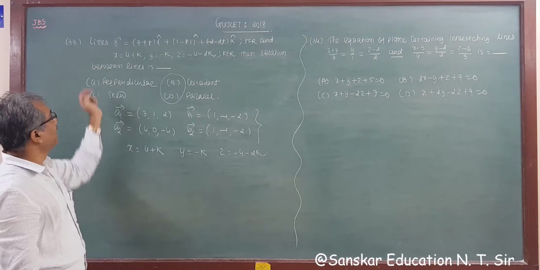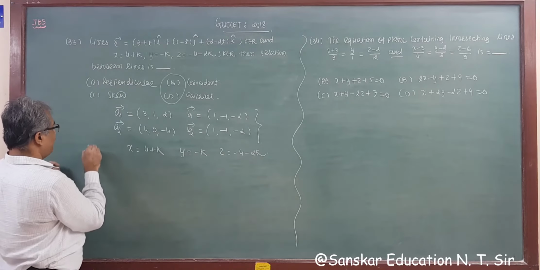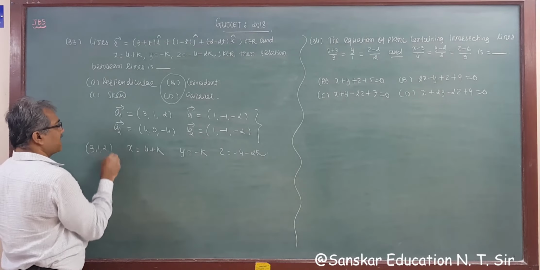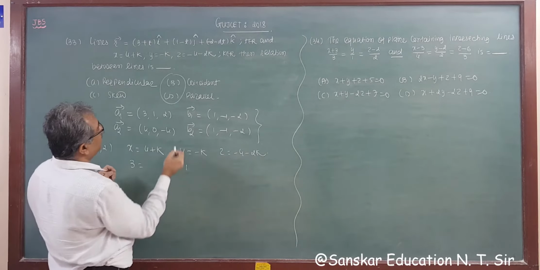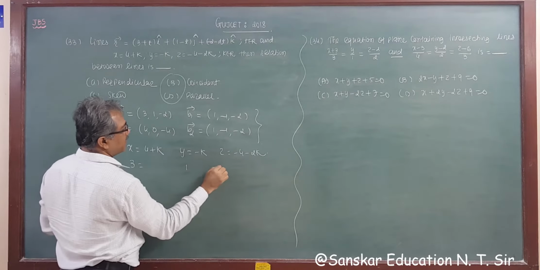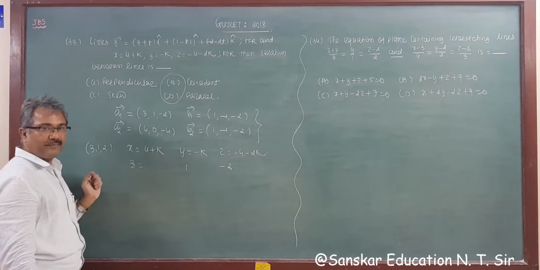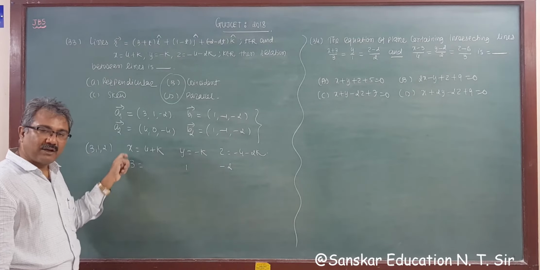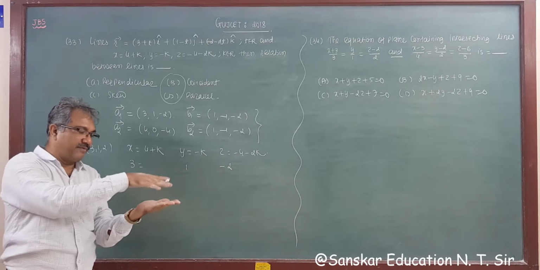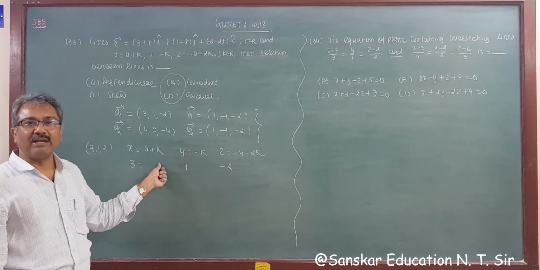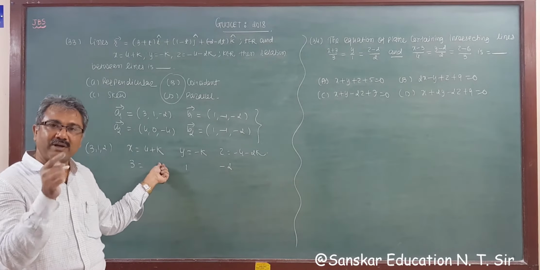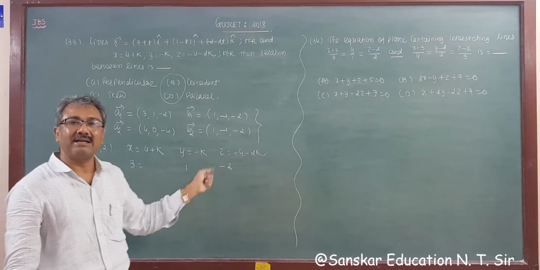If we substitute this point 3, 1, 2, that is x coordinate is 3, y coordinate is 1, and z coordinate is 2, for checking whether the point lies on the line or not, we must have the same value of the constant k in all cases.